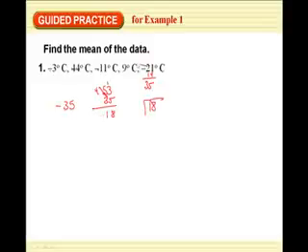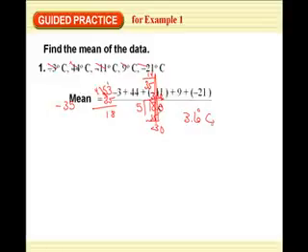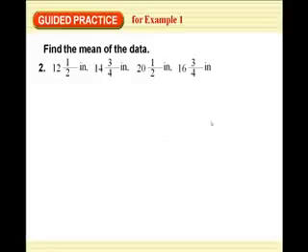And we divide it by 1, 2, 3, 4, 5, because there are 5 numbers. So that's going to be 3.6 degrees Celsius is the mean of that data. There we go. So we're just adding them up and dividing by how many there are.